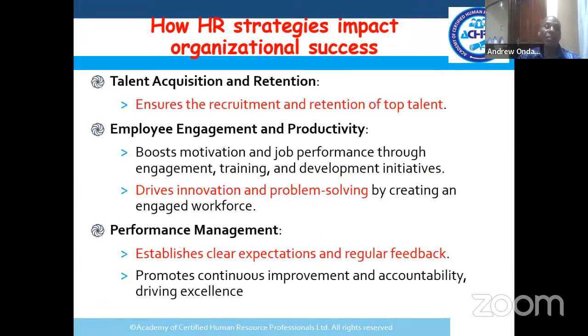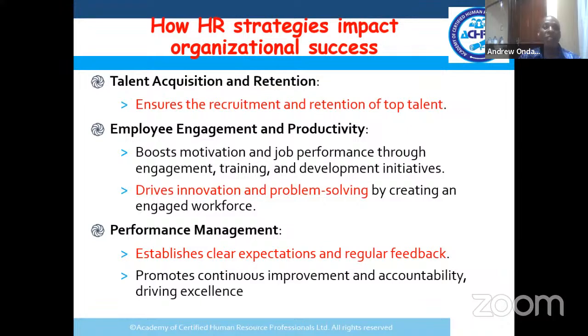I have identified some of the strategies that we have discussed and how they affect the success of the organization. To start with, there is the element of talent acquisition, which we said is attracting, maintaining, and retaining talent. So how does this help an organization to succeed?